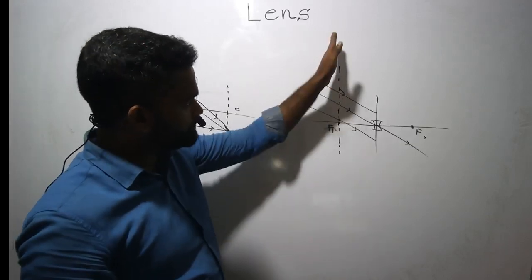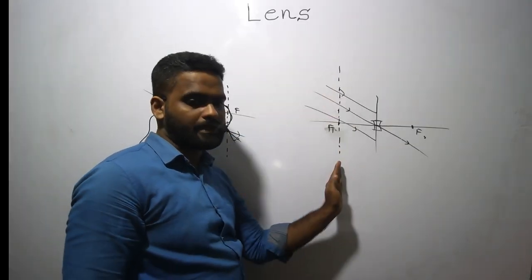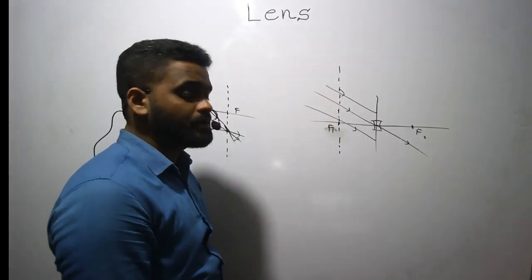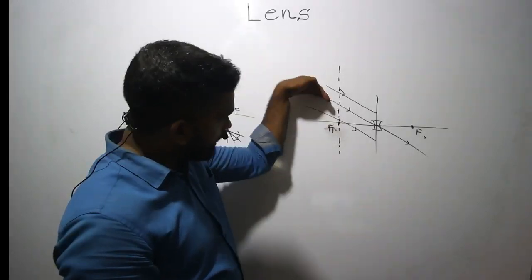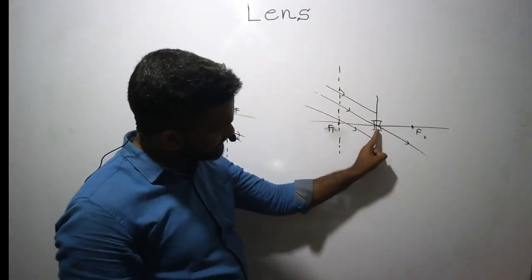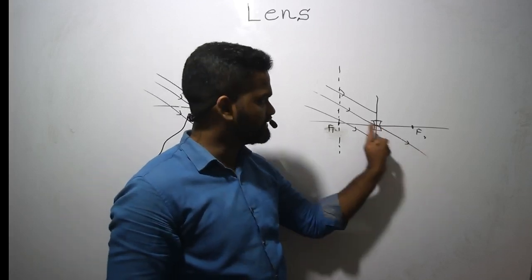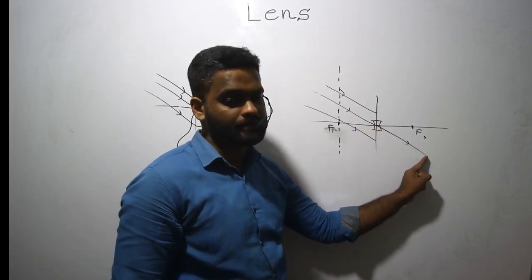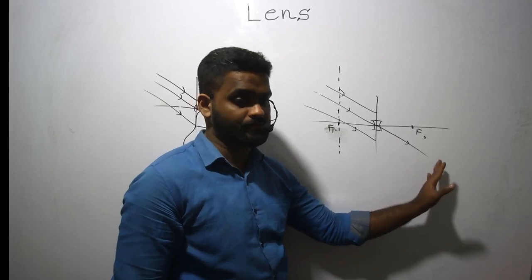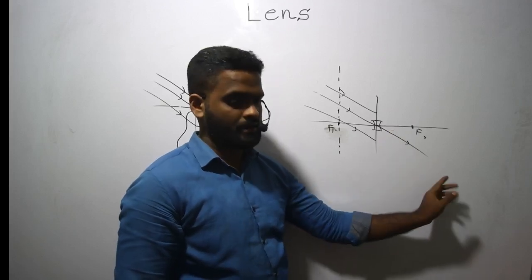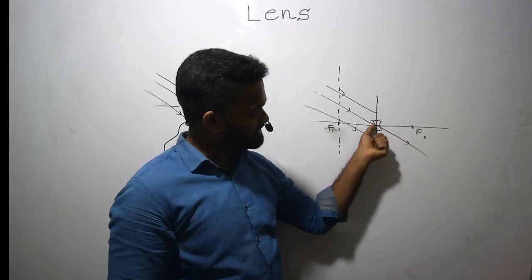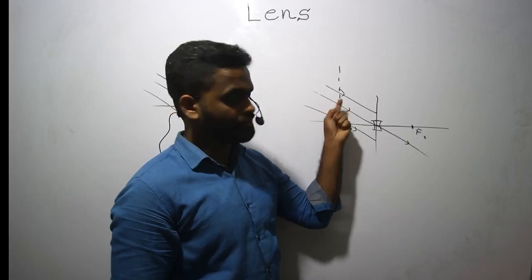Okay, now you have this focal plane. So which ray do we consider? After refraction, it has gone like this. You know that to this side, we don't meet the focal plane of the primary focus. We don't meet that. So what do we do? We need to extend this backwards to find that position.